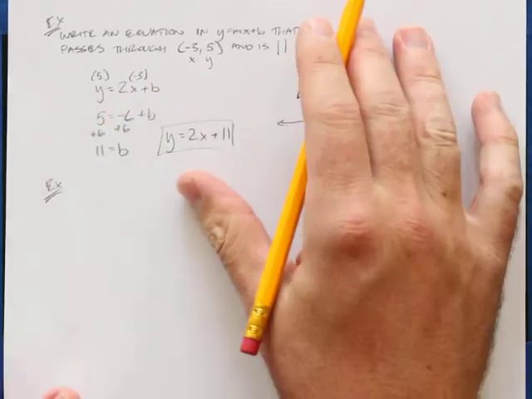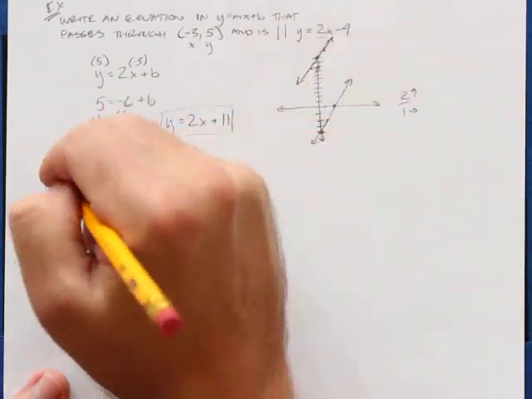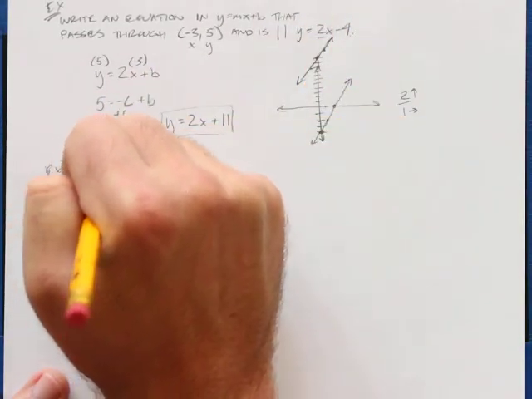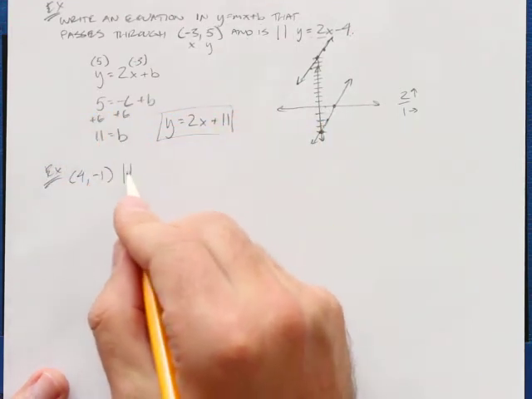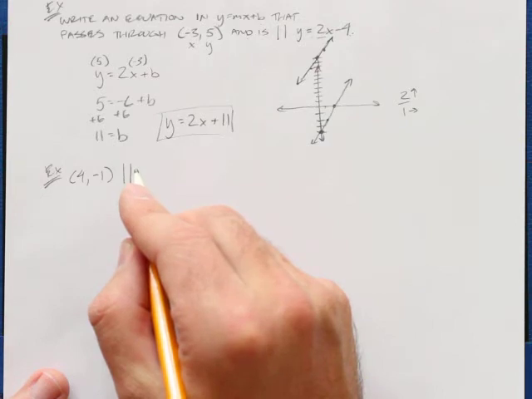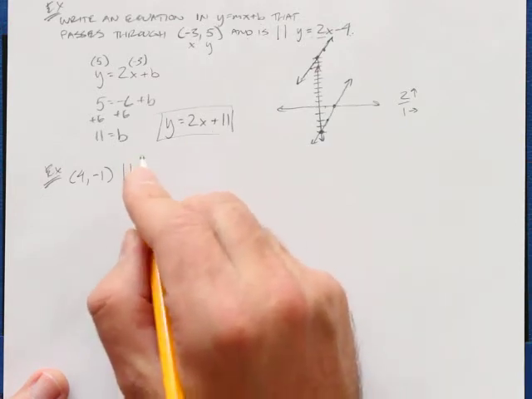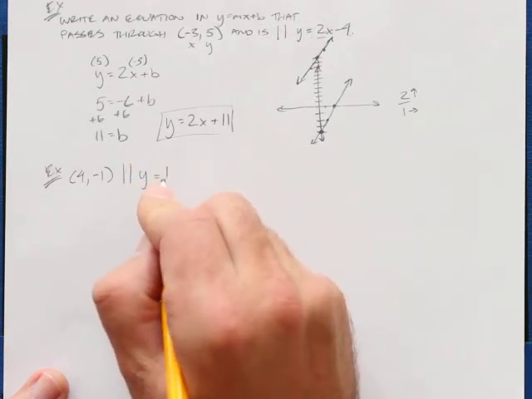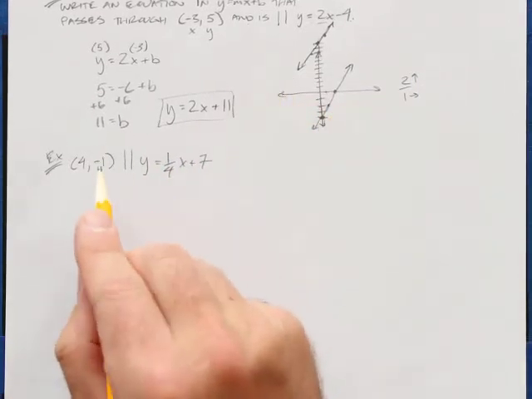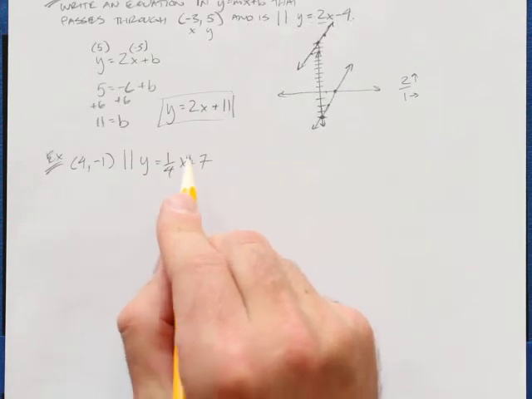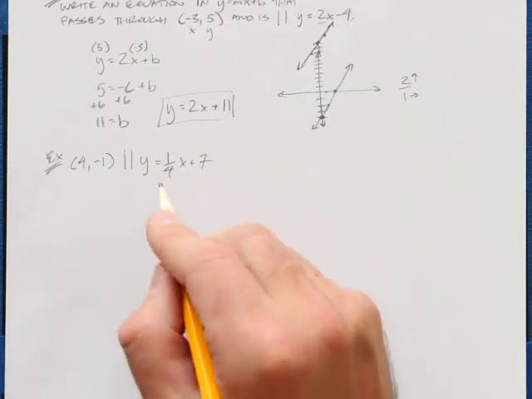Okay, let's do another one. Same prompt here, but I'm not going to write all that again. I've got a point that's 4, negative 1, and I'm going to write the equation of a line that's parallel to y equals 1/4 x plus 7. So here's my point. Here's the line I want to be parallel to.